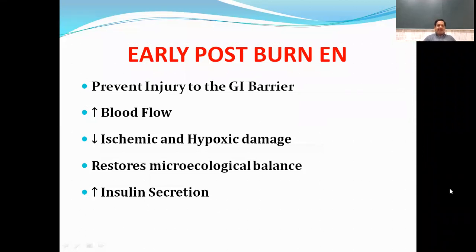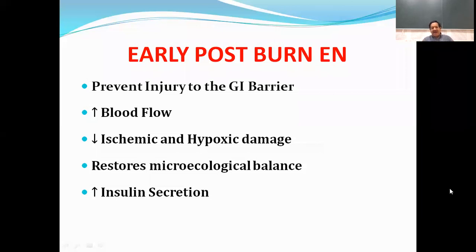Now, how does this early post-burn enteral nutrition help? It prevents injury to the gastrointestinal barrier, increases blood flow to the GI barrier, decreases ischemic and hypoxic damage, and restores microecological balance. And you know, insulin is an anabolic hormone.